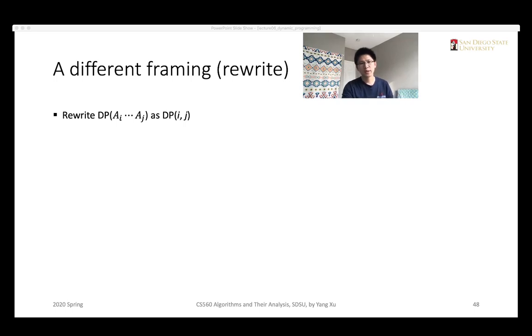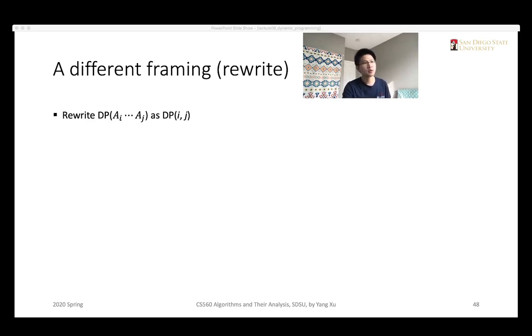So now, based on the imaginary magical function called dp, which can be called upon a sequence or a chain of matrices, we can further use some tricks to rewrite all the notations to have a simpler representation of the problem. It's just a way of reframing the problem.